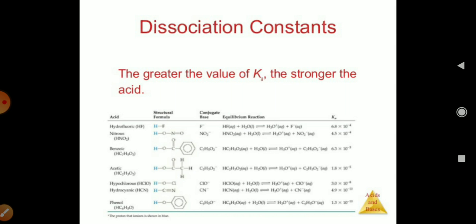Its dissociation constant is 6.8 into 10 raised to the power minus 4. So here you can see the dissociation constants for various acids, like acetic acid, hypochlorous acid, hydrocyanic acid and phenol.